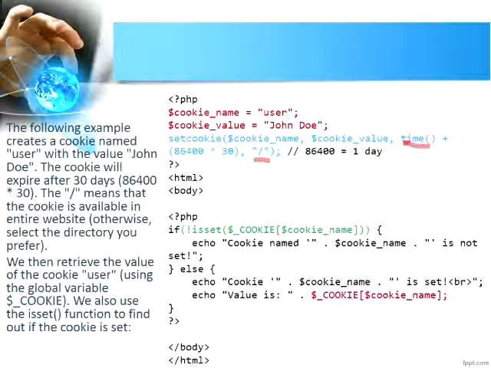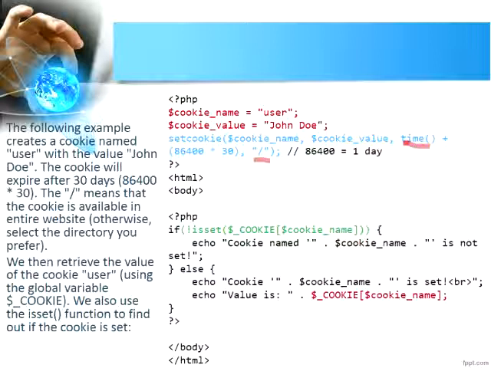It's clear for you how we can create a cookie with PHP. So to create a cookie with PHP, we just use setCookie. After that, the first argument is the cookie name. The second one is the cookie value. The third one is the time of this cookie.